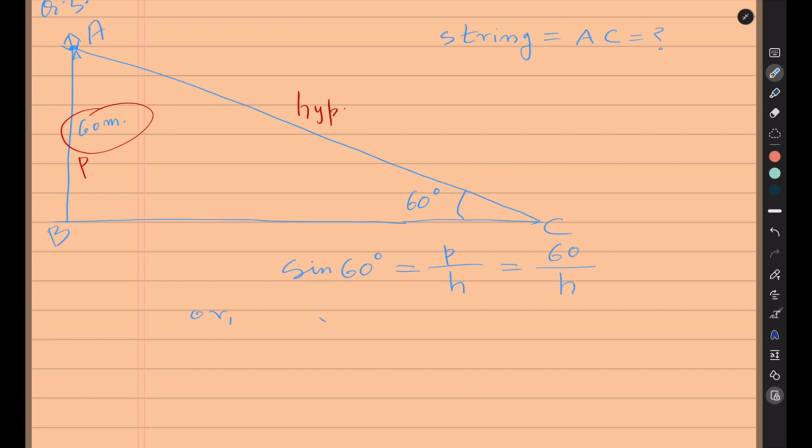So sine 60 is root 3 by 2. Its value is root 3 by 2 is equal to 60 divided by H.